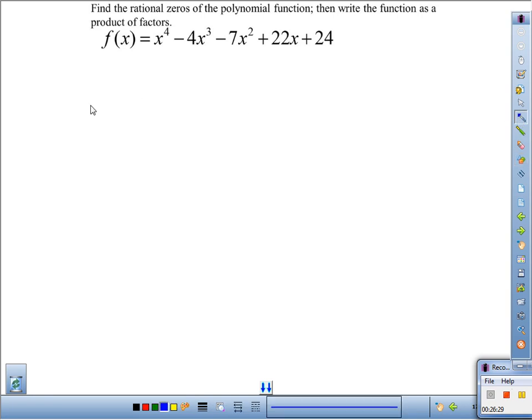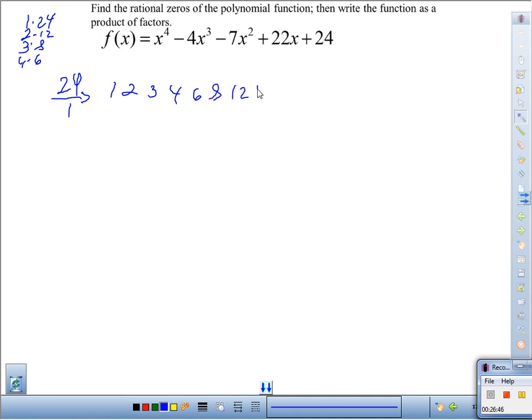And I'll get started just as you're copying it. 24 over 1, factors of 24: 1 times 24, 2 times 12, 3 times 8, 4 times 6. So it's 1, 2, 3, 4, 6, 8, 12, 24. So my possible zeros are 1, 2, 3, 4, 6, 8, 12, and 24.